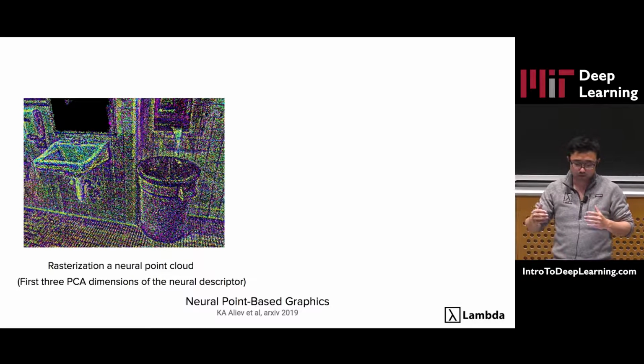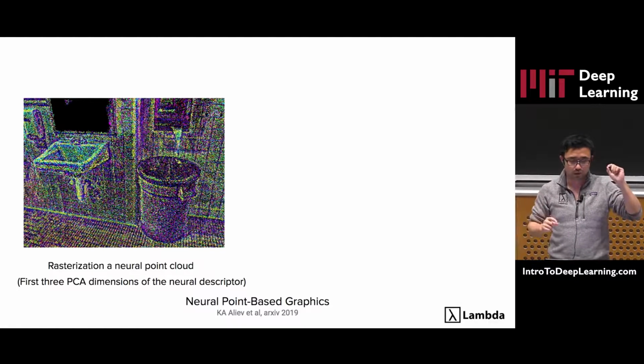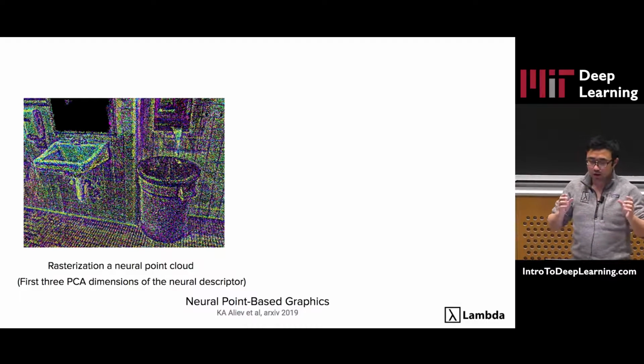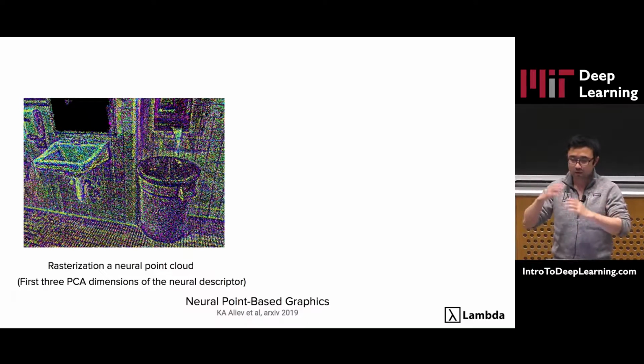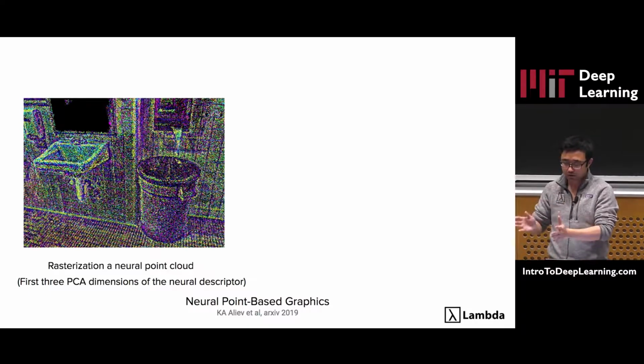We start by randomly initializing these neural descriptors for each point in the scene and optimize for that particular scene. Obviously, you cannot use the descriptor of one scene to describe another scene, so this optimization has to be done both in the training and the testing stage for each scene.